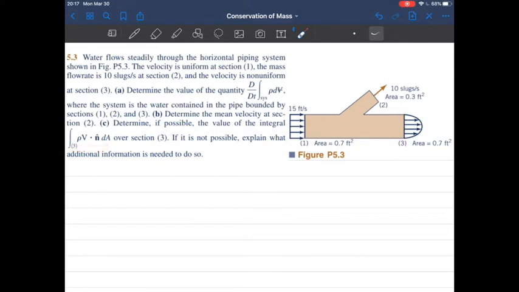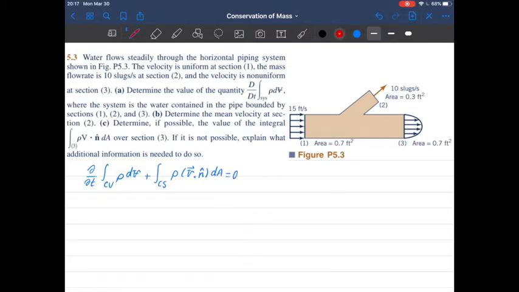If it's not possible, explain what additional information is needed to do so. So this integral is the second term in the conservation of mass. So we can write the conservation of mass again, which is del over del t of the integral over the control volume of rho times the volume, plus the integral over the control surface of rho v dot n dA is equal to 0.